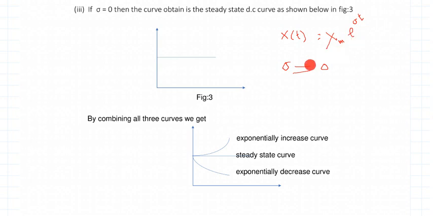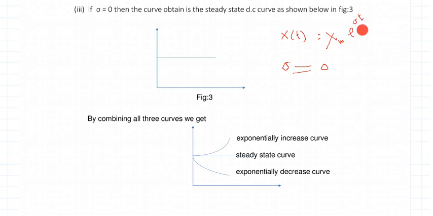Now I am talking about the third case, when sigma is equal to 0. When I put sigma equal to 0, the exponential term became e raised to 0. E raised to 0 is 1.